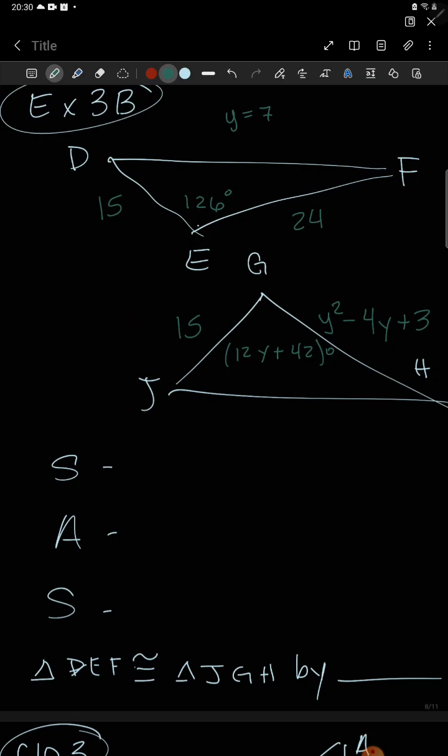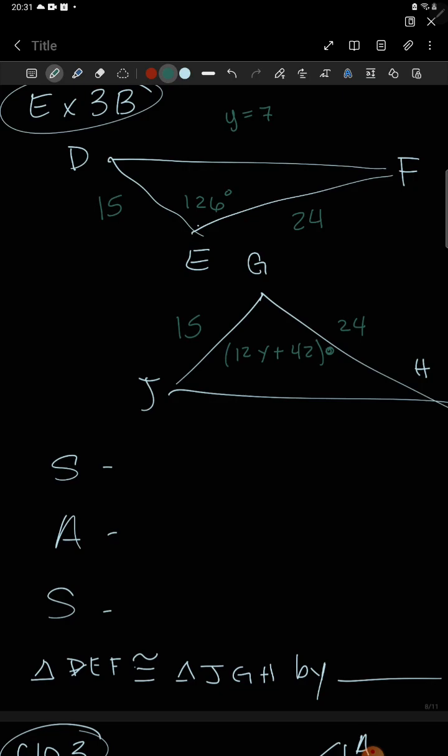Okay. If y is 7, then y squared is 49 minus 4y is 28 plus 3. I'm going to go ahead and erase all that, and I find out that that is, in fact, 24. Okay? Corresponding to that side. All right? And then here, this is a little degree mark, by the way.